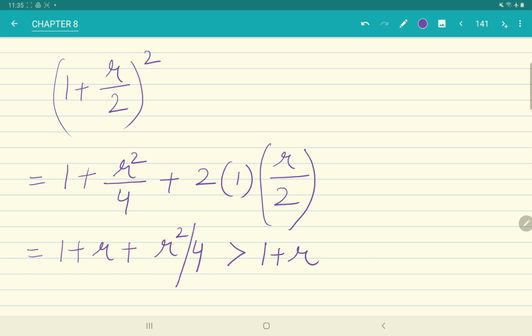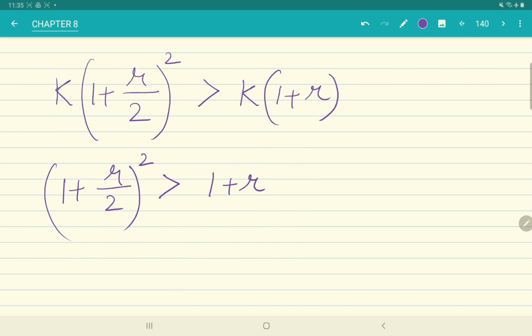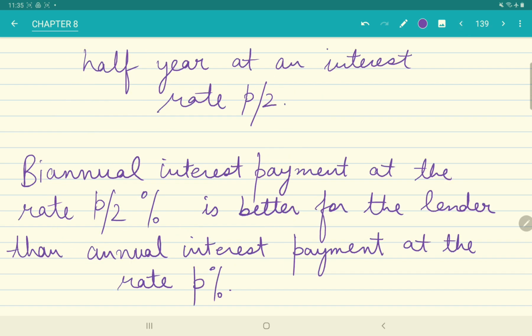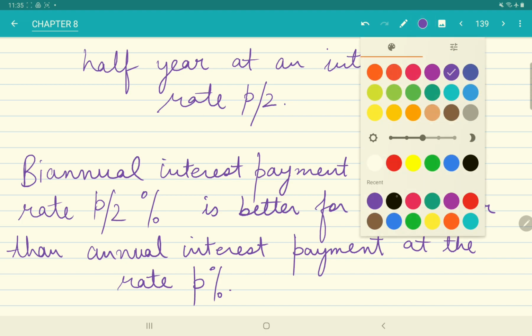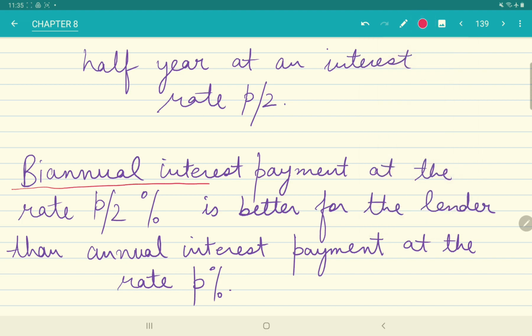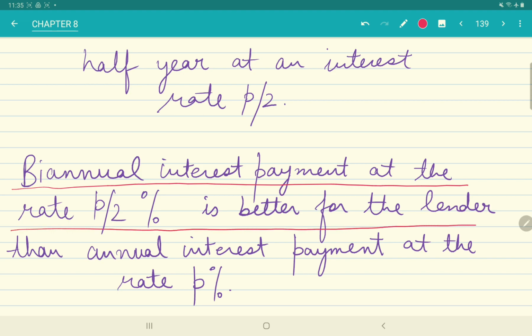And that means we have now established that the biannual interest payment at the rate P by 2% is better for the lender than annual interest payment at the rate P%.